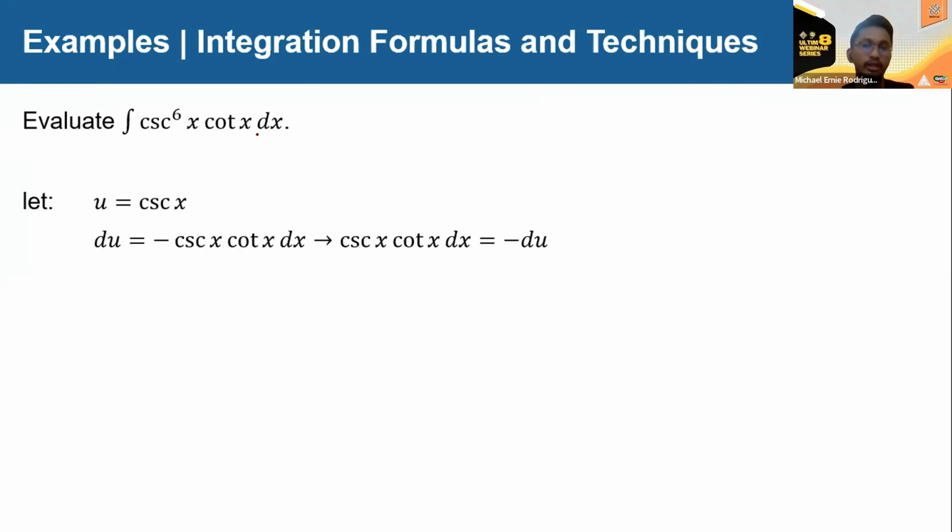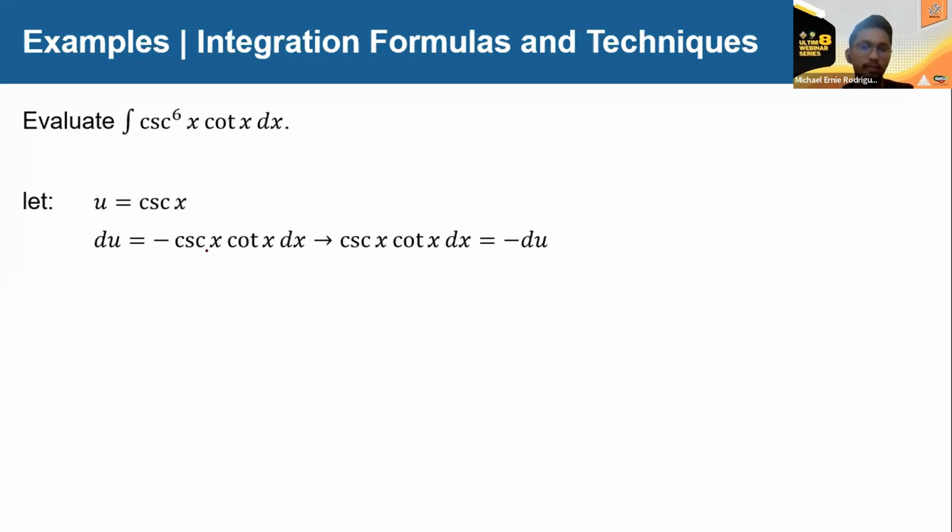But as you can see on our integral, okay, we have cosecant raised to 6 x, okay, cotangent x dx. Okay, as you can see here, ito lang yon. So, ang gagawin natin, para magkaroon ng cosecant na kasama yung cotangent, we split yung cosecant raised to 6x na yan.